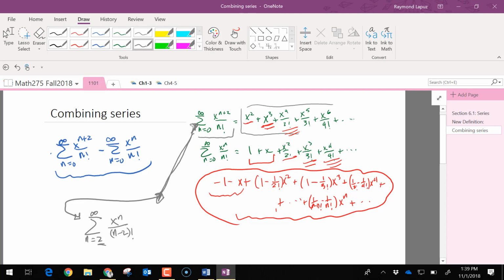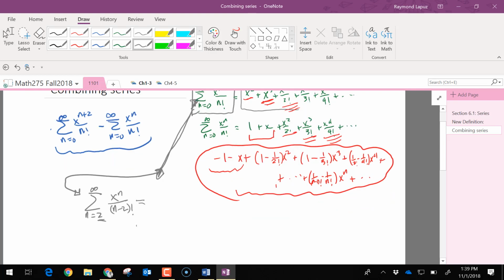So I said if I'm looking at this series and I want that to start with 2 instead of starting at 0, then if I were to write this out when n is equal to 2 to begin with, this is going to be x squared over 0 factorial plus x cubed over 1 factorial plus x to the fourth over 2 factorial.